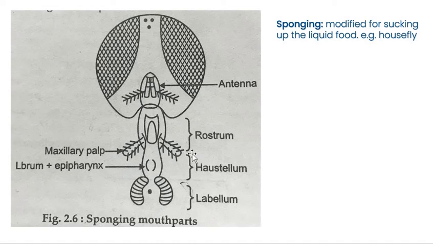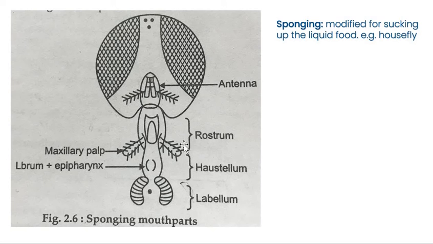Now the labium is greatly modified. Here you can see the labium, greatly modified to form the proboscis, a three-segmented structure. The first part is the rostrum, the second is the haustellum, and the third is the labellum.